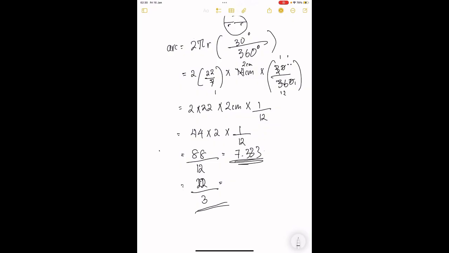So this is how you leave your answer, 22 over 3. And since this length is 22 over 3 centimeters, or you can leave it as a mixed fraction.